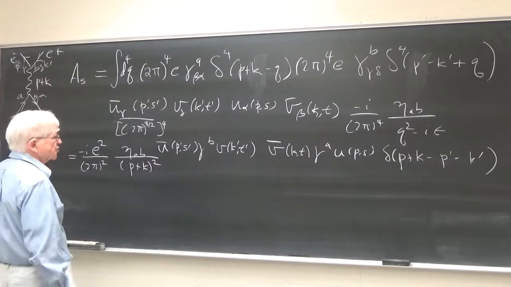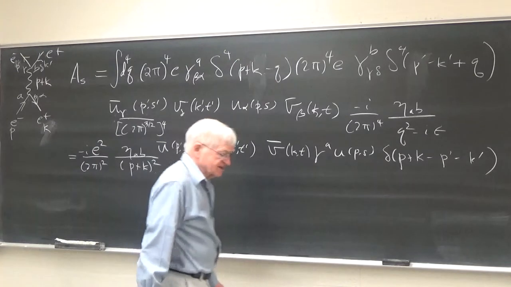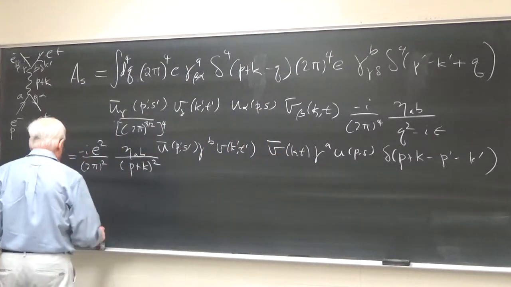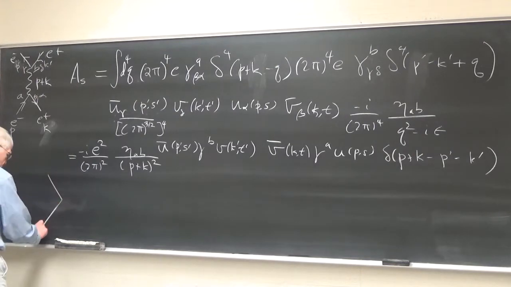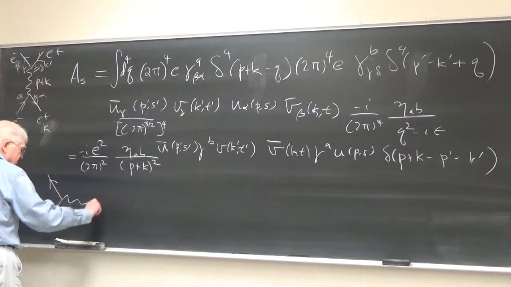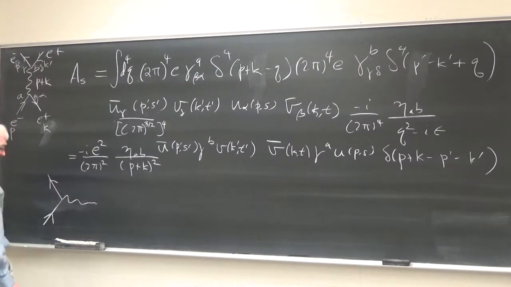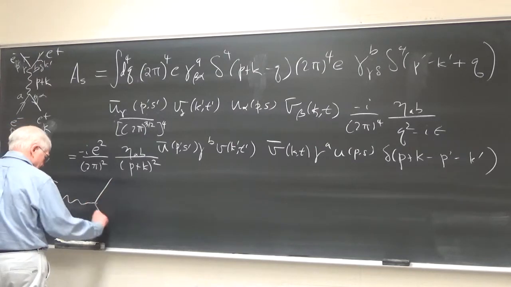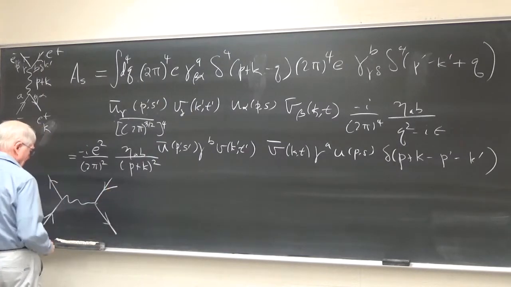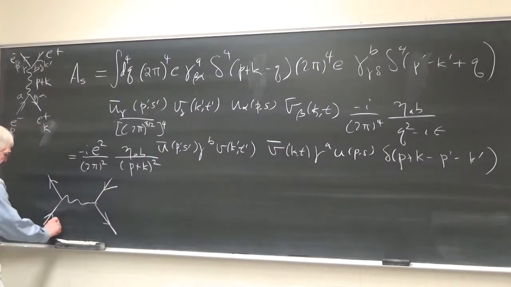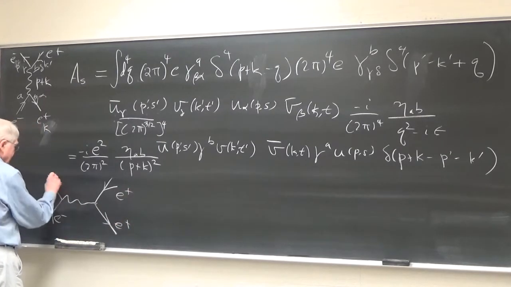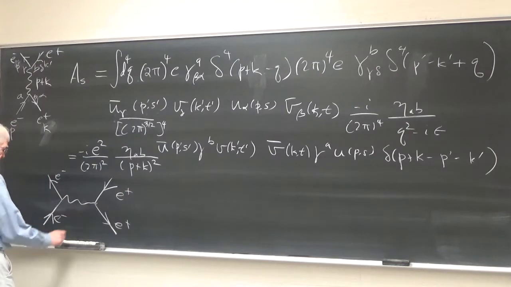Now, the exchange process, well, what is the exchange process? The exchange process is if the electrons go along and just exchange a photon, and the positron comes in and goes out, and so you have e⁻ e⁺ goes to e⁺ e⁻ with a photon going across.